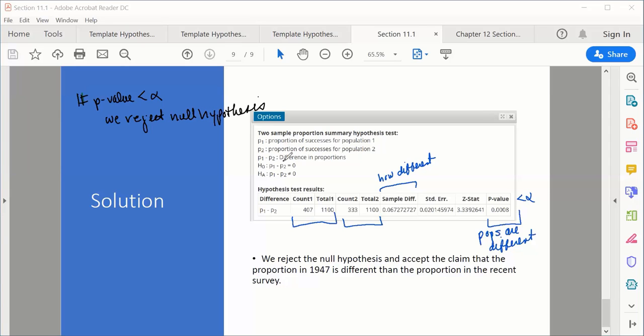And the null hypothesis says P1 is equal to P2. It says P1 minus P2 is 0. In other words, P1 equals P2. And we're rejecting that they're equal and saying that they're different. Does that help? Yes, I get it now. Thank you. Sure.